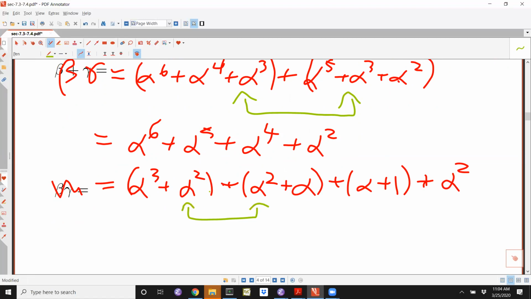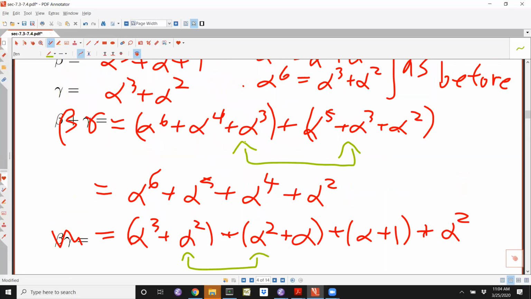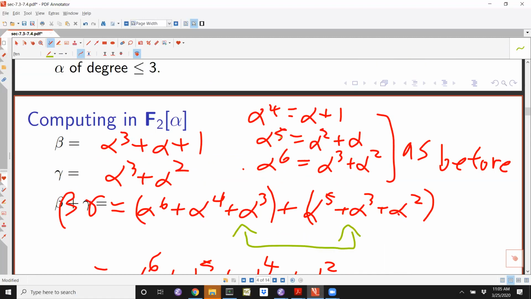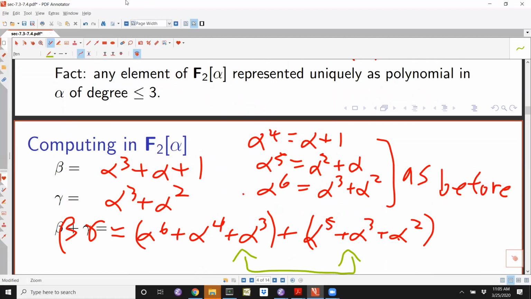Fan is asking, why do we have to write alpha to the 4th, alpha to the 5th, and alpha to the 6th on the side? It's exactly right, I'm just repeating this so I can remember how to reduce. These are the same reduction rules as before.